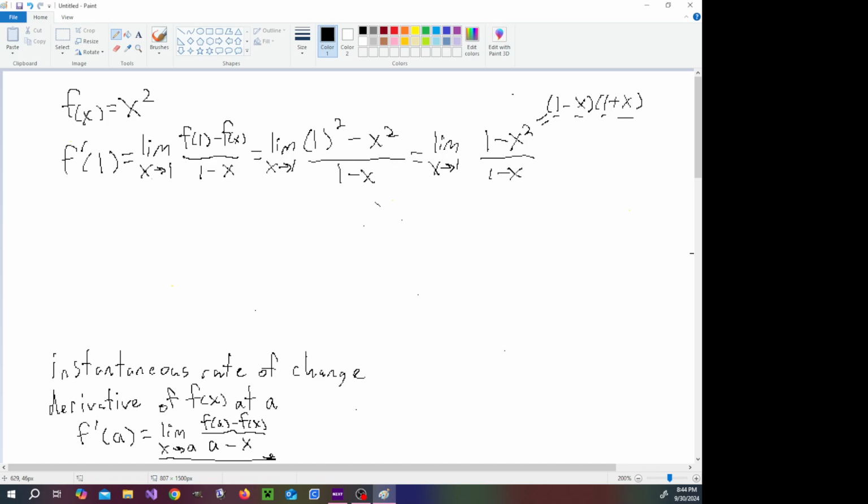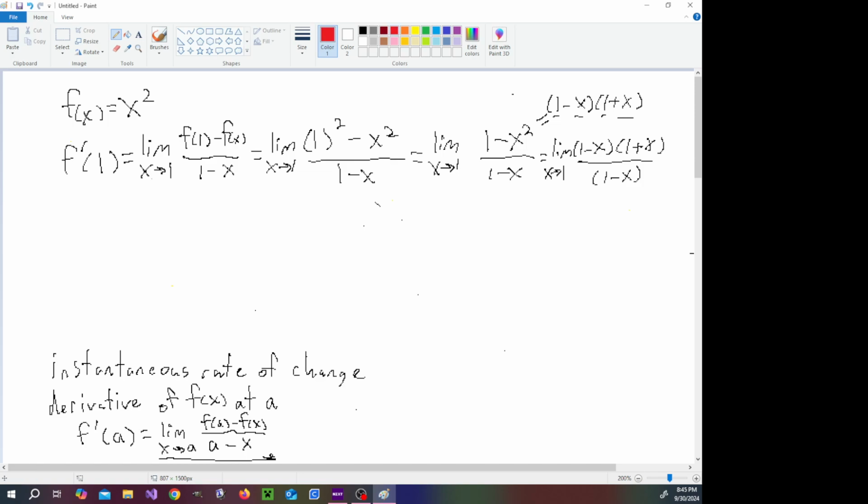So if we multiply these terms all the way up here, the middle part should cancel and we'd be left with nothing but 1 minus x squared. So I can rewrite this as the limit as x goes to 1 of 1 minus x times 1 plus x all over 1 minus x.